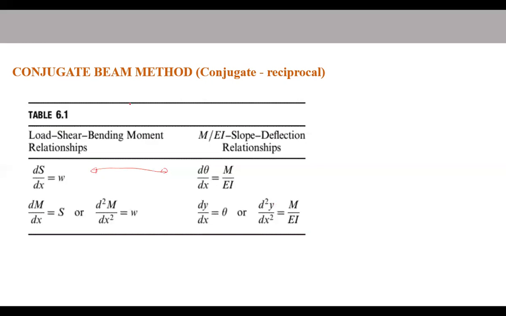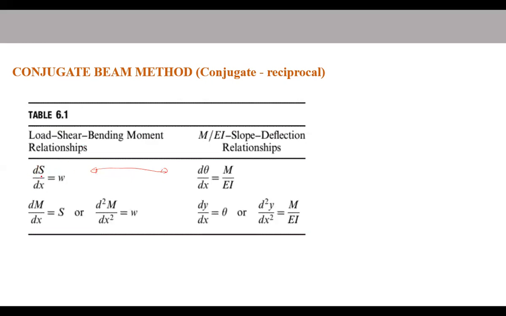For example, if you apply a load on a beam, you get shear force and bending moment. That is what we get here: the first derivative of the shear force is load.